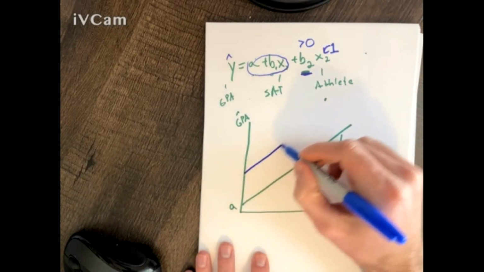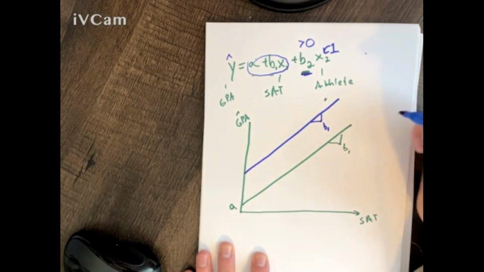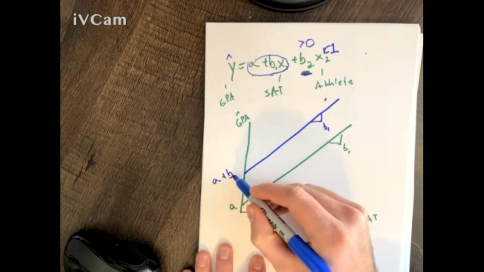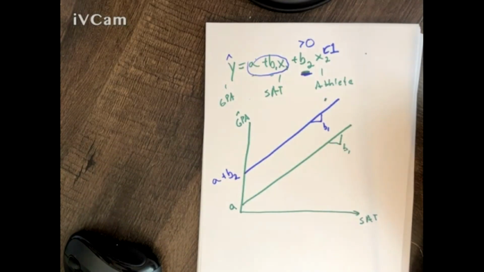So it's still going to have the slope of B1, but its intercept will be A plus B2, whatever the coefficient was on that binary dummy variable. Adding in these dummy variables is essentially just shifting that relationship.